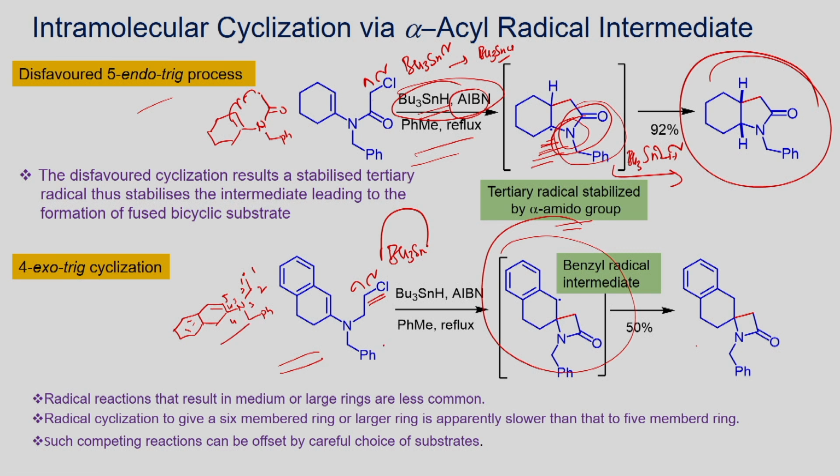In this case the 4-exo cyclization is involved, and that can lead to the formation of a benzylic radical. Once you form the benzyl radical, this can be stabilized by this aromatic ring. Once you form this one, this can now react with the tributyl tin hydride to give this lactam as the product.